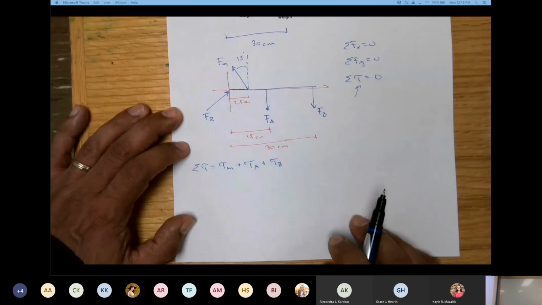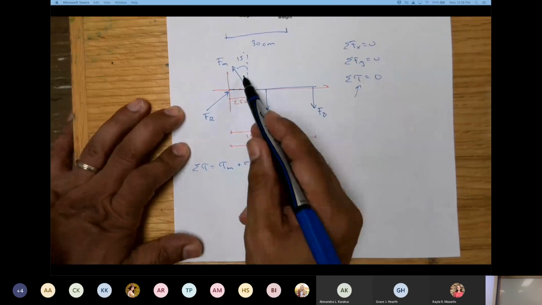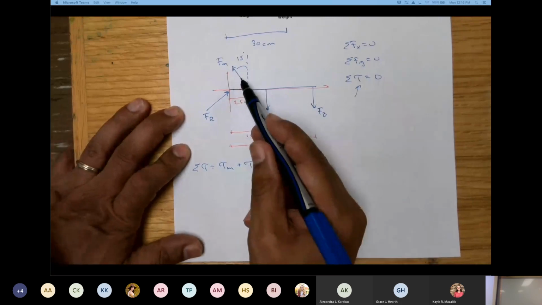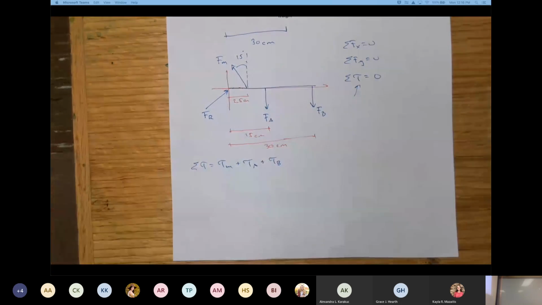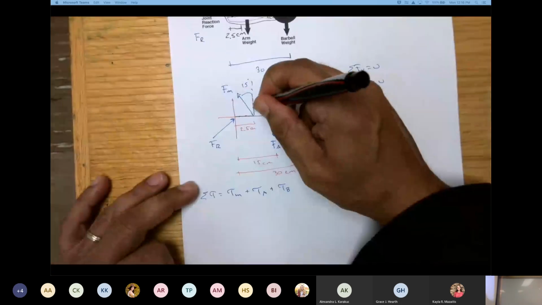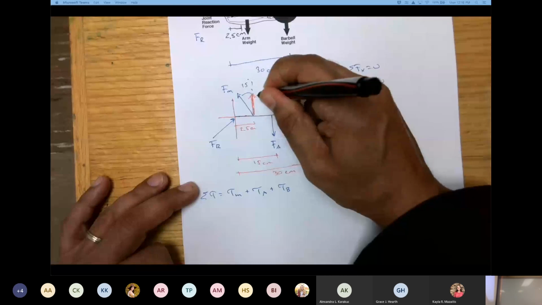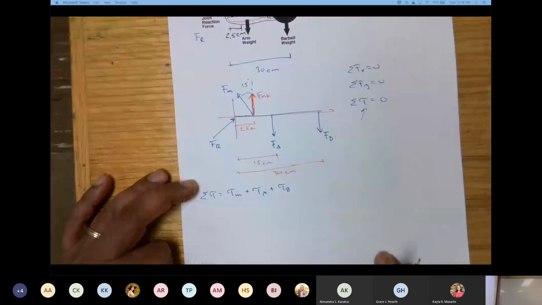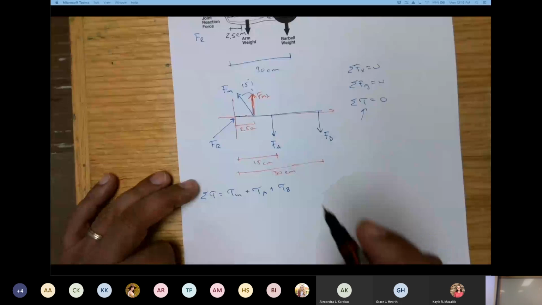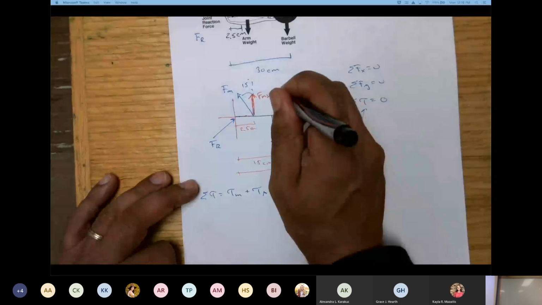Now, the force of the arm, the perpendicular component, the one that I need is going to be this component over here. That's the perpendicular component. And that one is going to rotate the arm counterclockwise. So that one's going to give me a positive torque.